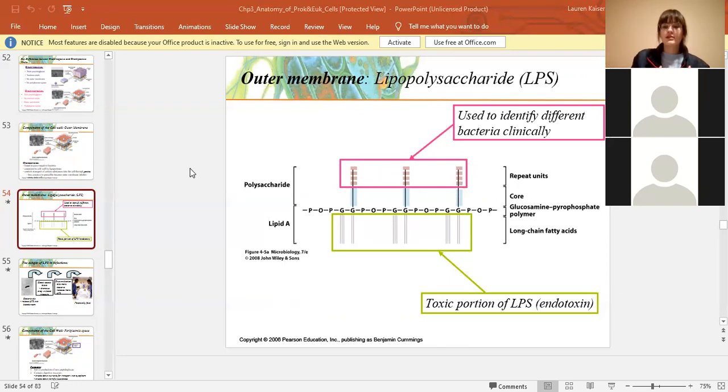So that endotoxin is going to make us sick. Even though the bacterial infection caused us to have a fever, our body's trying to kill the bacteria, but in part of killing the bacteria, it's releasing this endotoxin, which is making us feel worse.